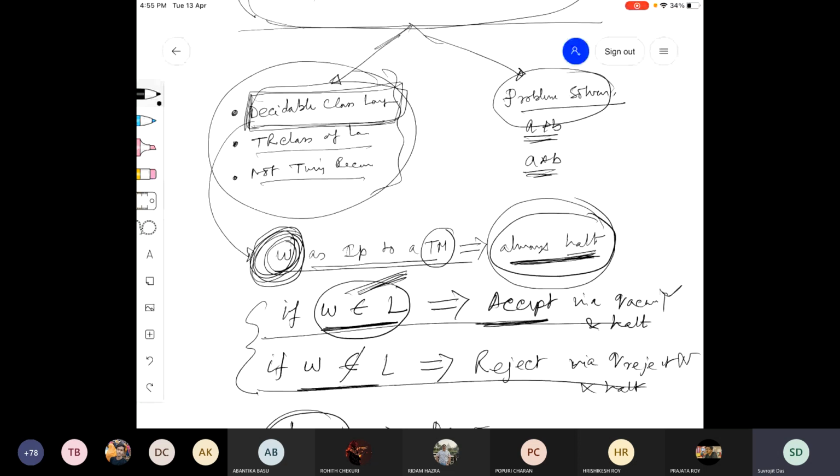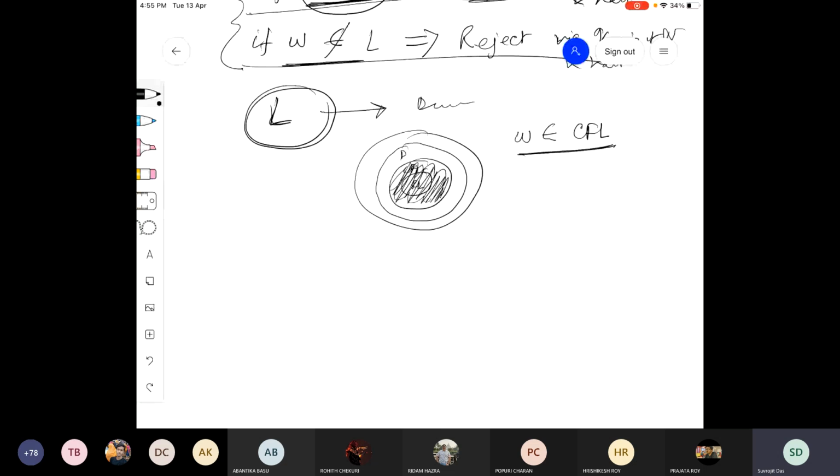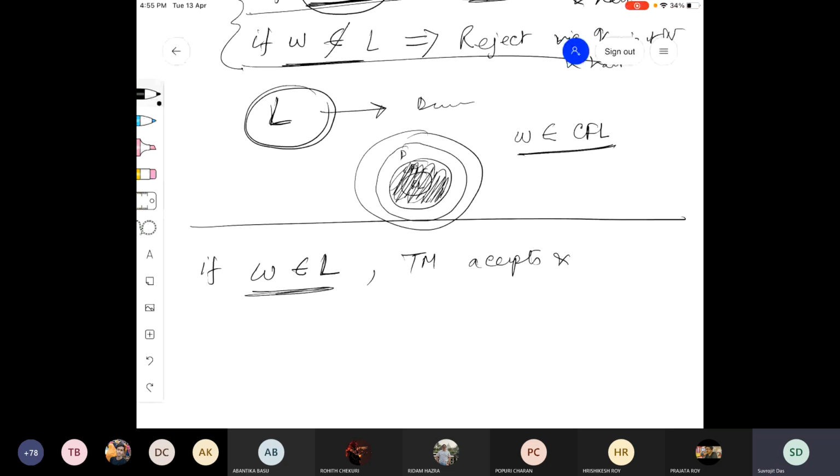So Turing machine as a decider. Now Turing recognizable. This is another class of languages. If really that string W presented to the Turing machine is a member of the language L, the Turing machine always accepts and halts. However, if W is not a member of L, there is no guarantee that the Turing machine will always reject and halt.